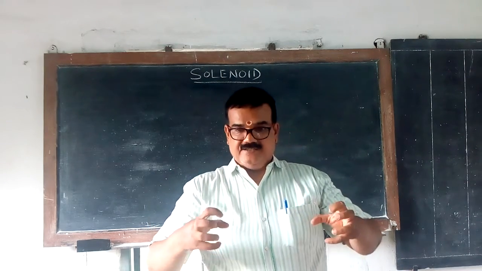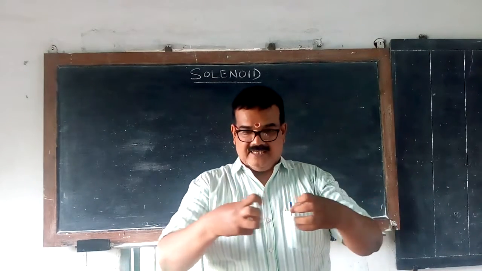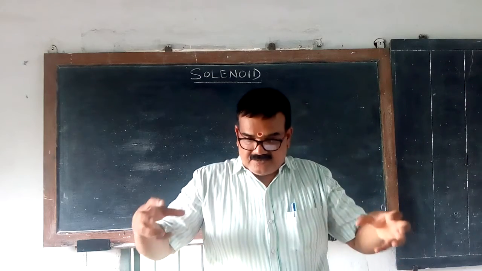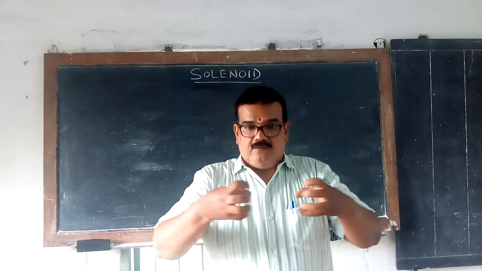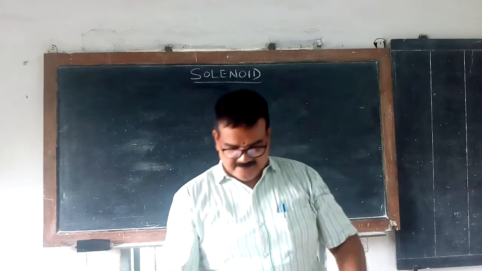When the coil length increases, the intensity level comes down. When it is closely wound, the intensity will be more. When it is increased in length, the intensity will be less. That's what it says. Okay?